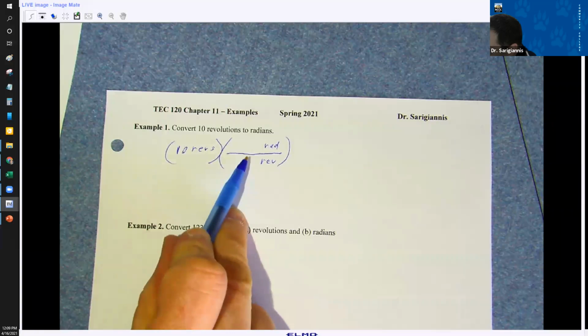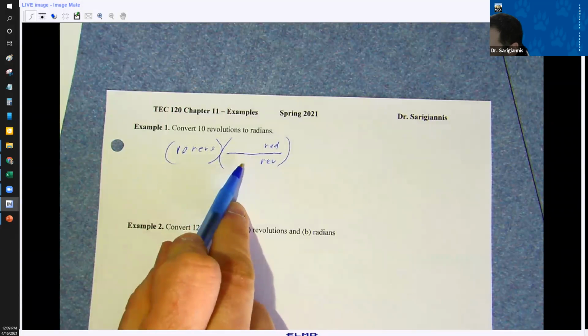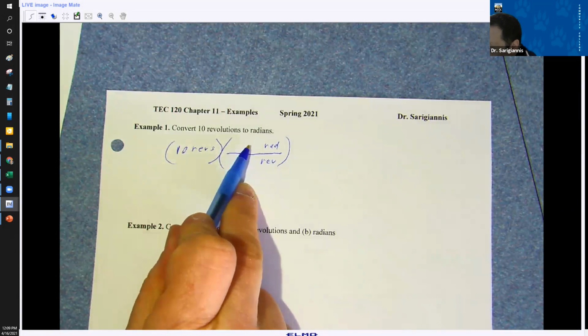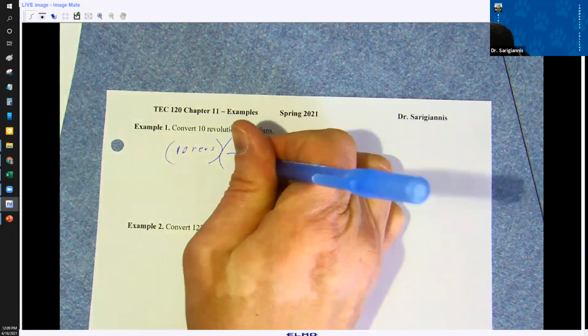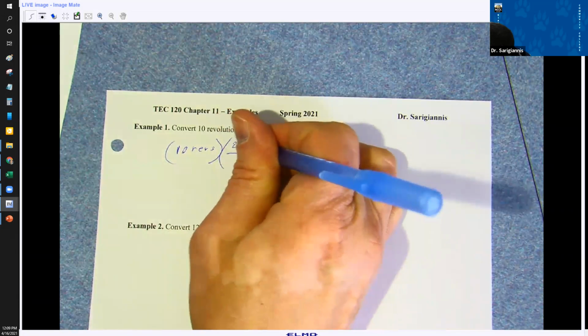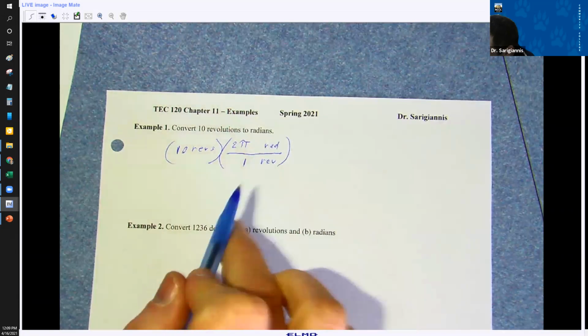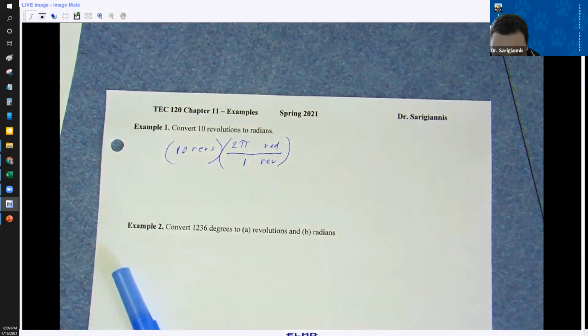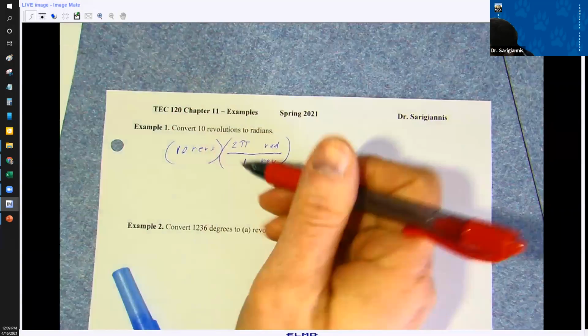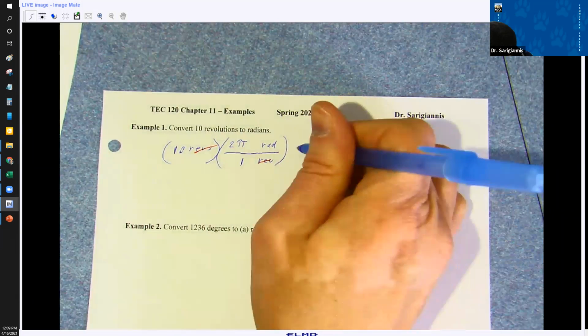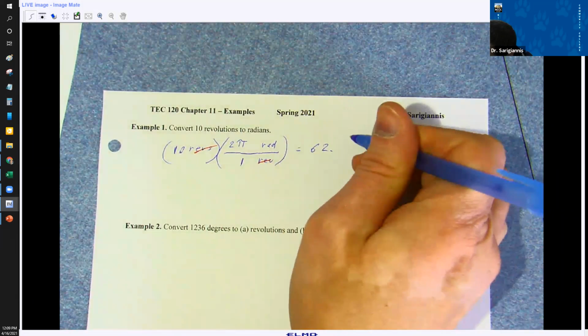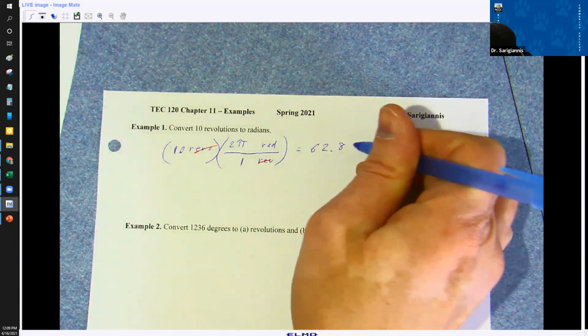The conversion factor is 1 revolution is 2 pi radians, or 2 pi radians is 1 revolution. So obviously the revolutions cancel. You wind up with 62.83 radians.